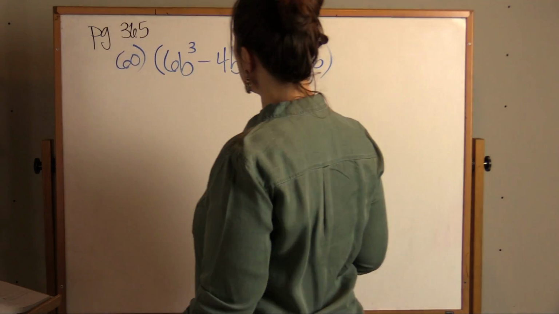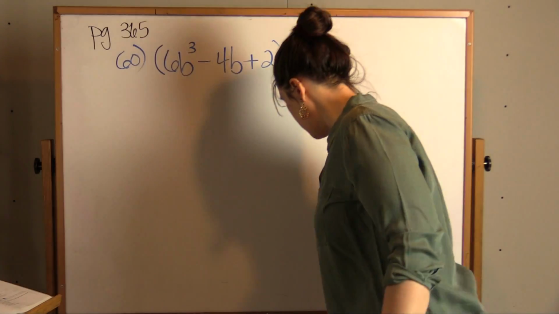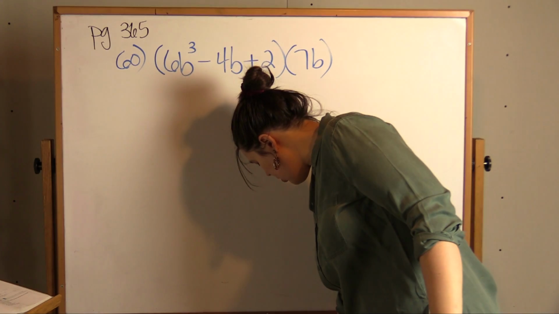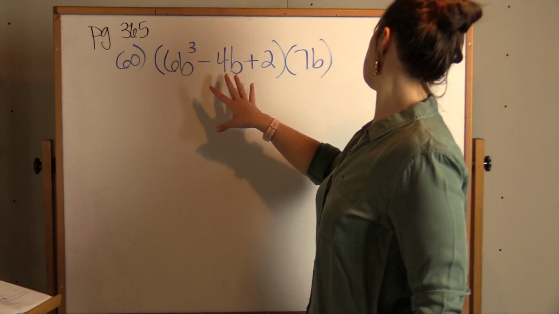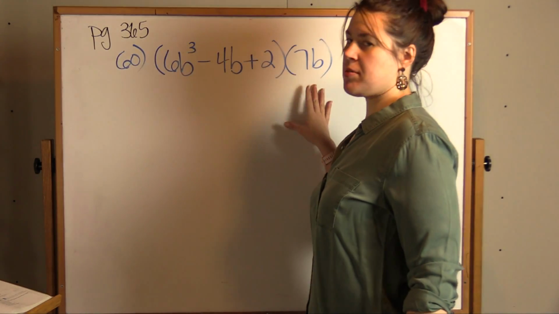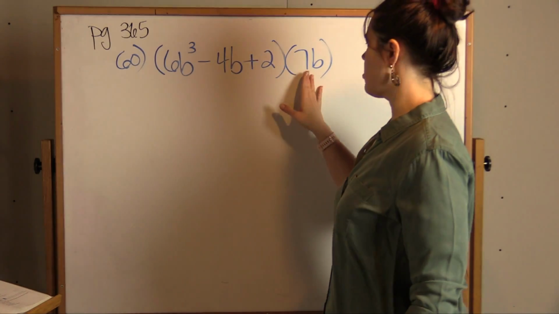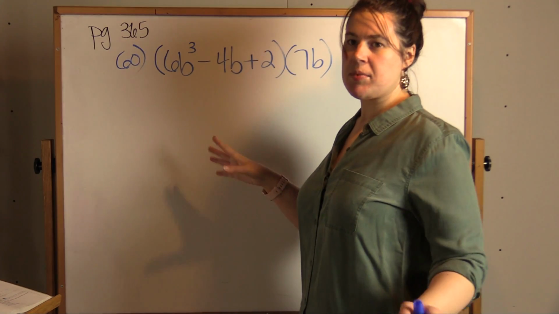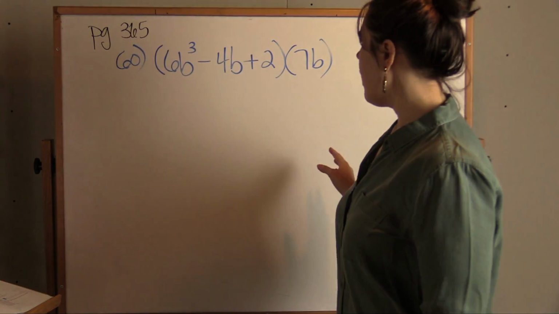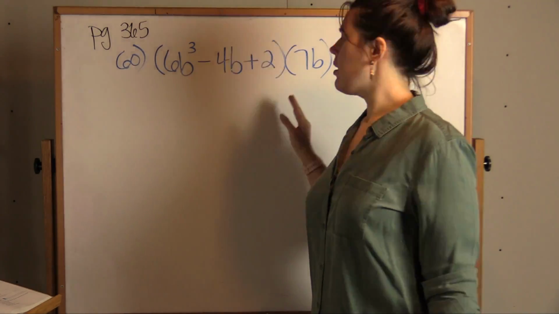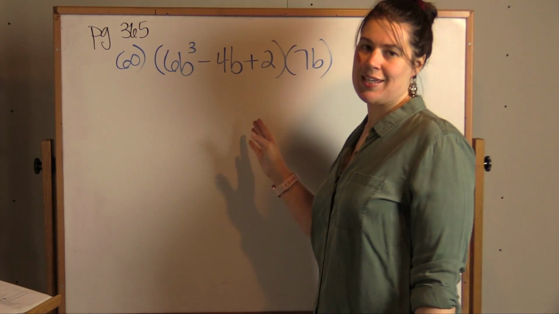We are multiplying each expression. So the rule for when we have a polynomial times a monomial, so just one single term, notice there's no plus or negative, something that we're combining with 7b. What we're doing is we're just distributing this term to everything in here.